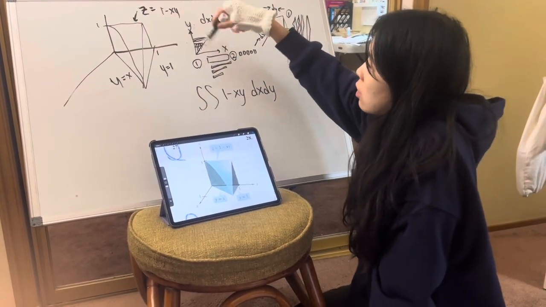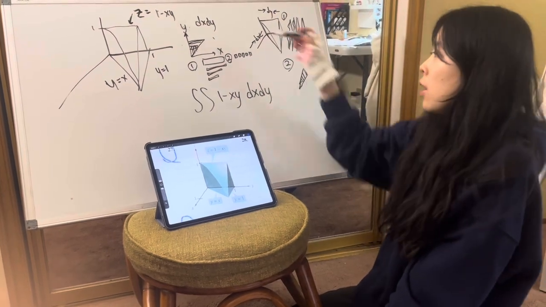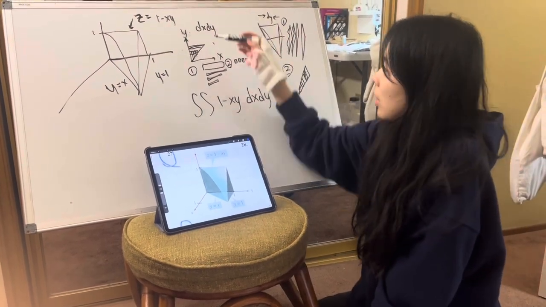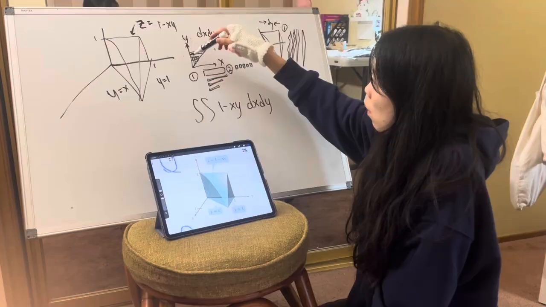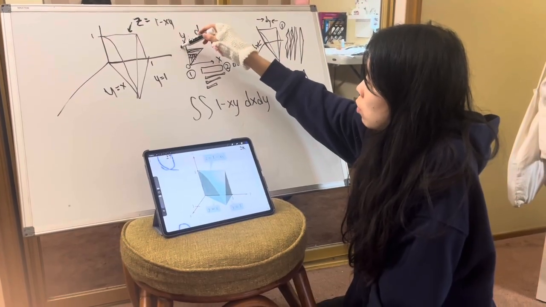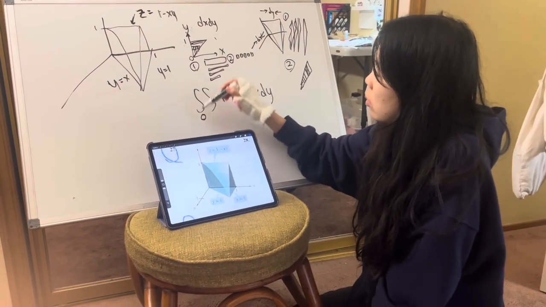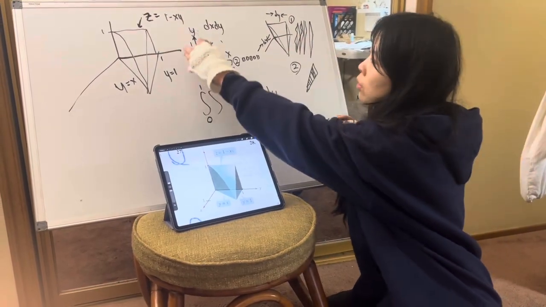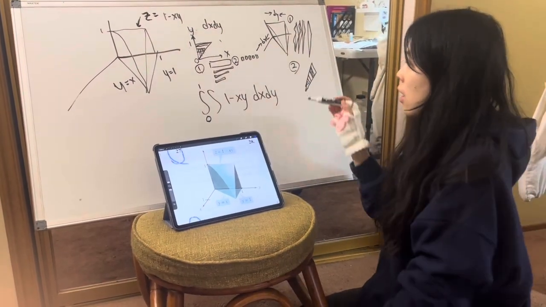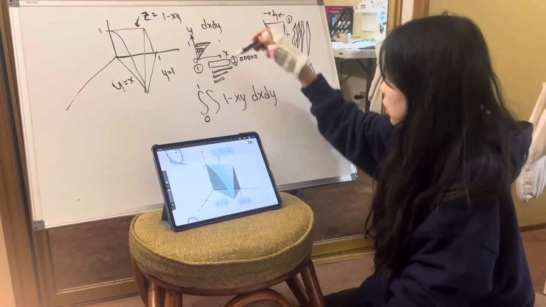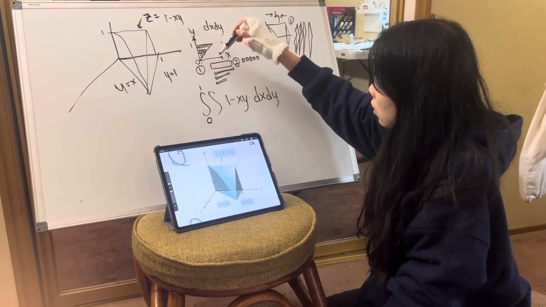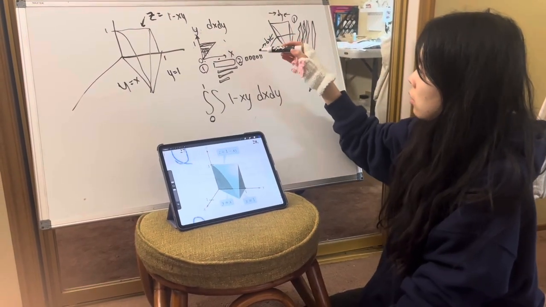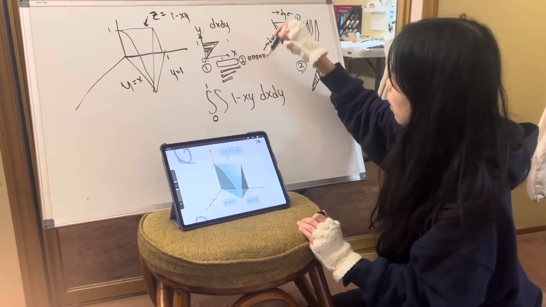Looking at the xy trace, which is very helpful to draw, we have y goes from 0 to 1. We'll just be taking the slice from 0 to 1, each slice. And then for the x, what are the bounds for that? So we go here to here.